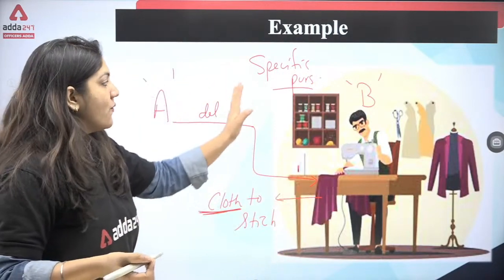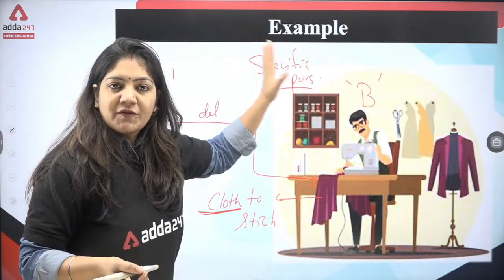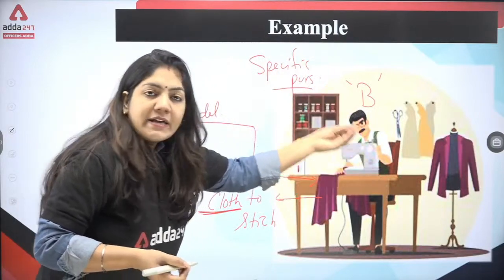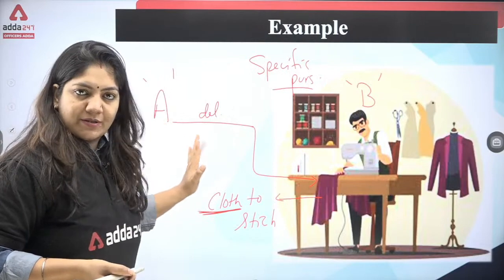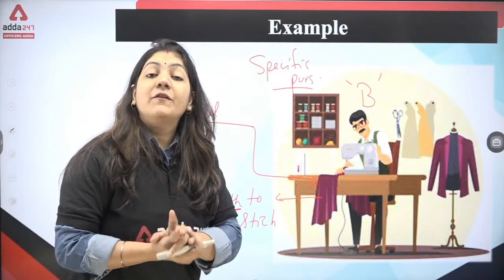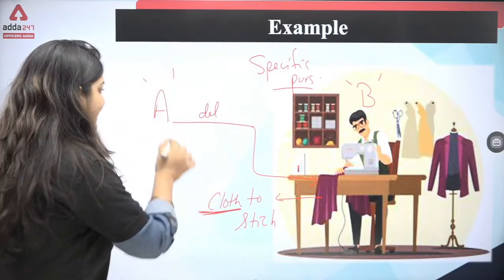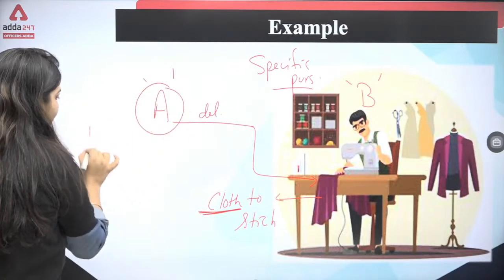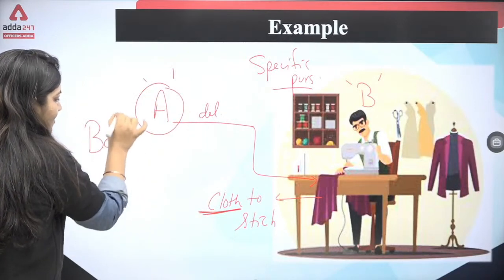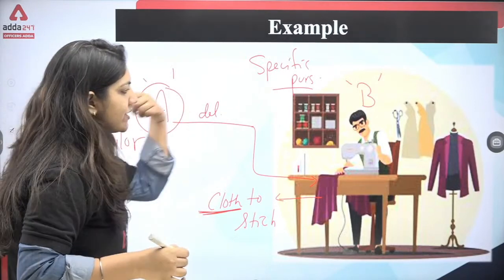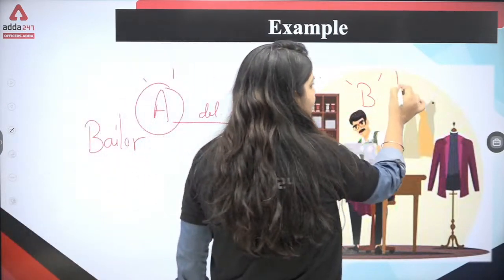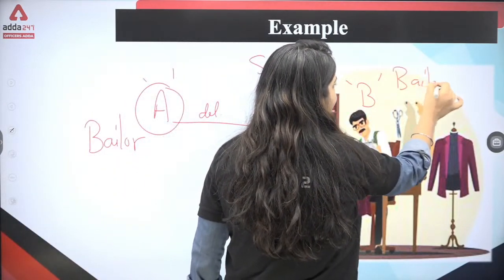Now, when this specific purpose is finished, the tailor gives the cloth back to person A. This is called a contract of bailment. This person A will be called the bailor. Bailor means who delivers goods to another person, and this person B will be called the bailee.